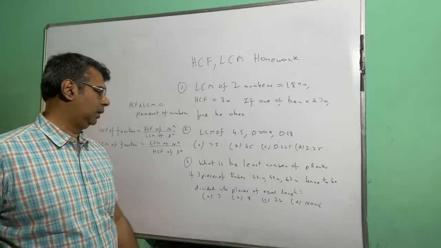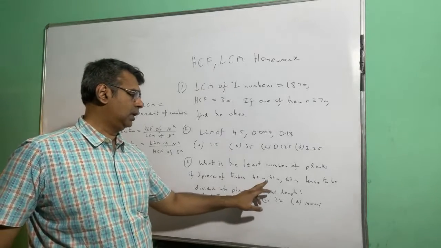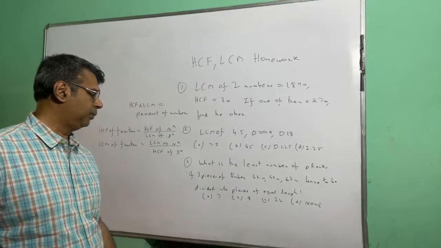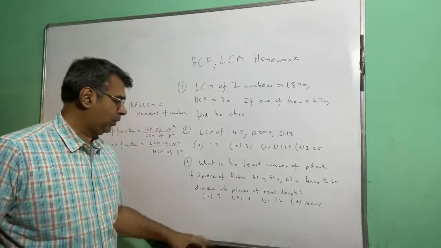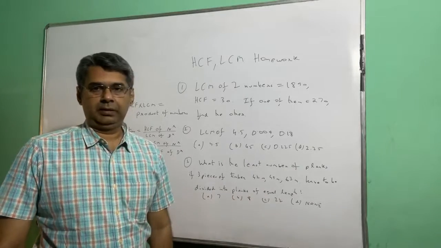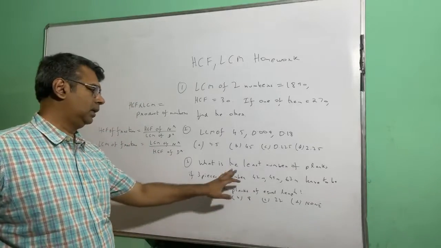So you have 3 pieces of timber whose lengths are 42, 49 and 63, and you want to divide them into planks of equal length. Then what is the least number of planks?